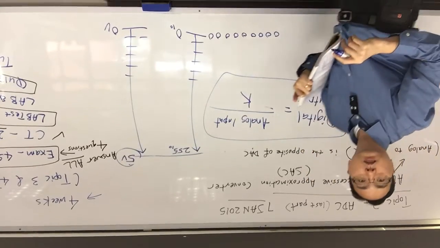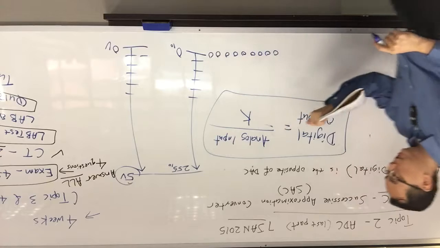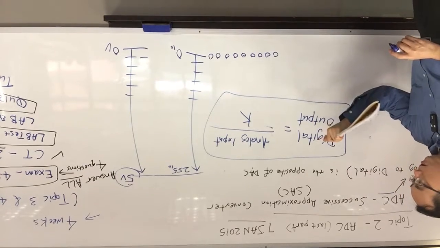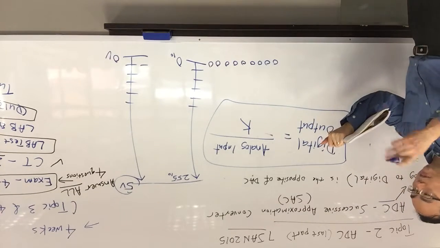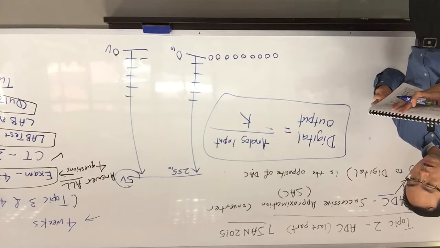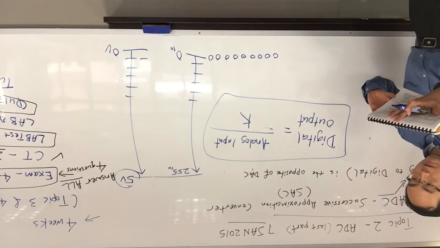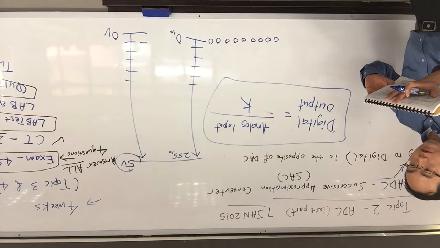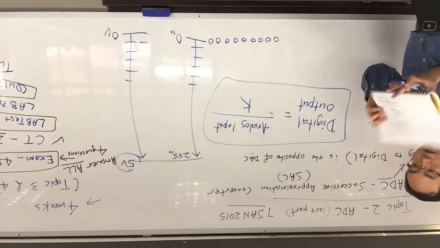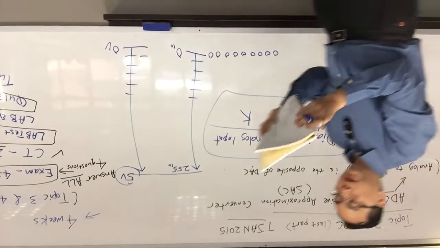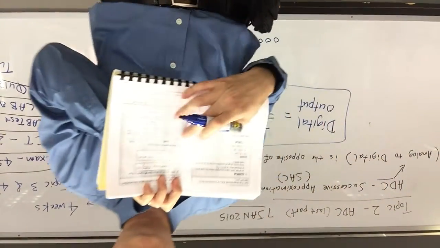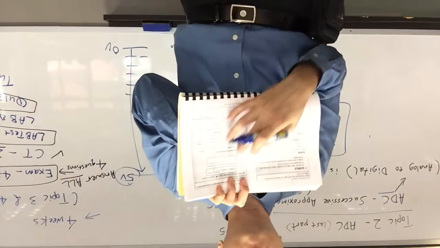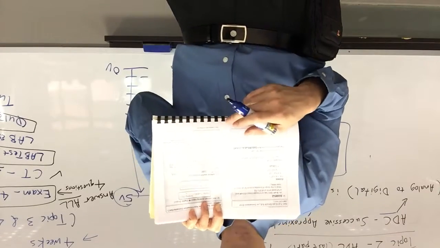For the ADC, we look at it. Later we will look at some examples. I think you can see quite clearly. I will be explaining this one later, very briefly: the successive approximation converter.